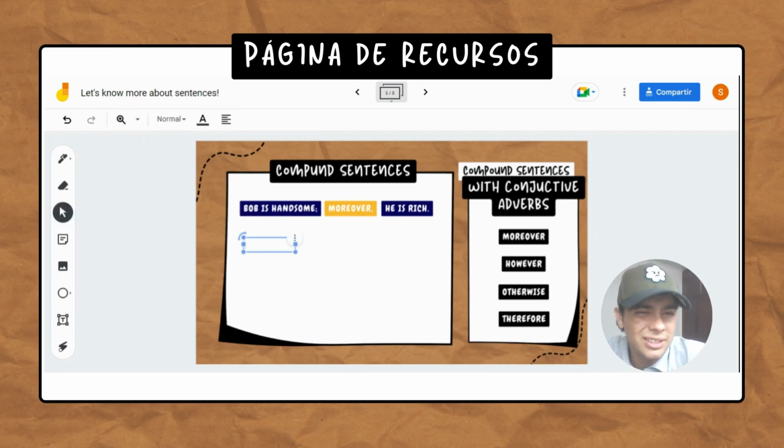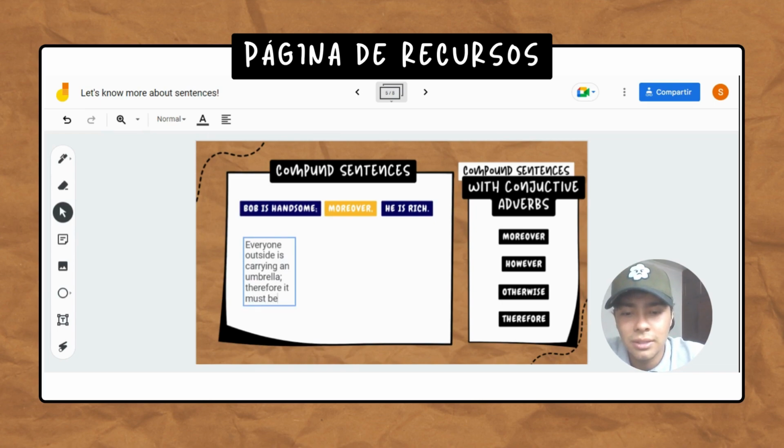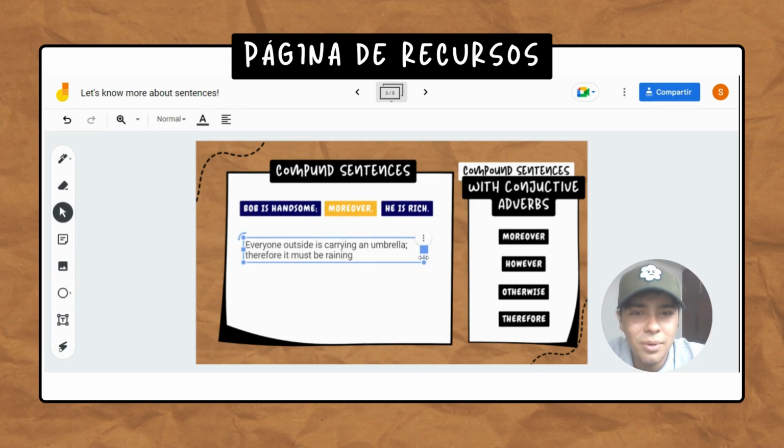But this one is going to be with therefore. That means por lo tanto. So it's going to be like, everyone outside is carrying an umbrella; therefore, it must be raining. So this is just an example of how we can use this conjunctive adverb.